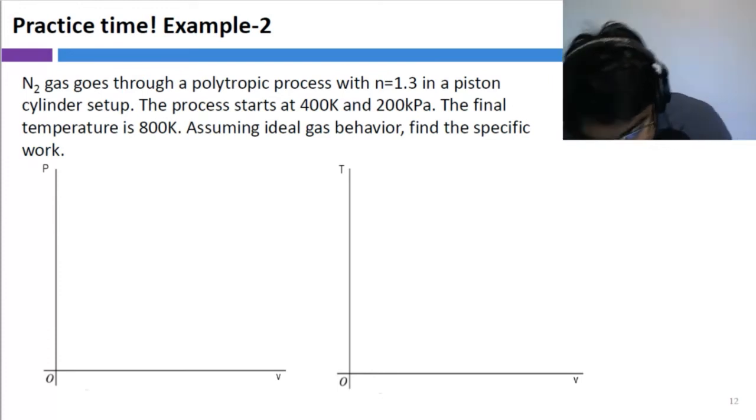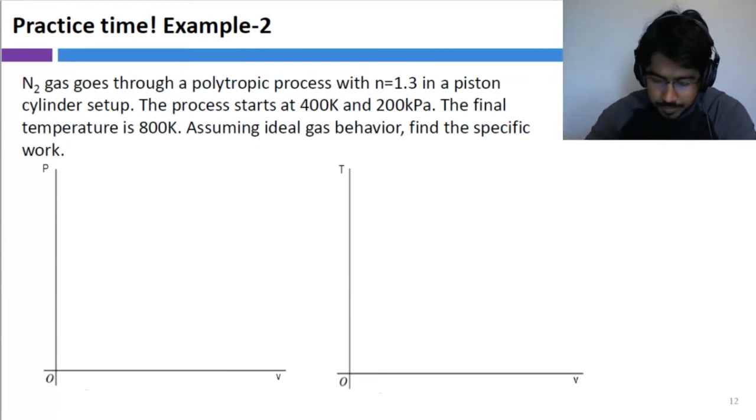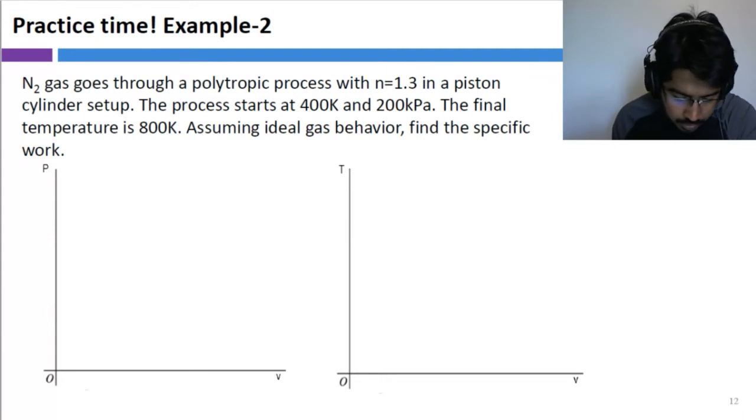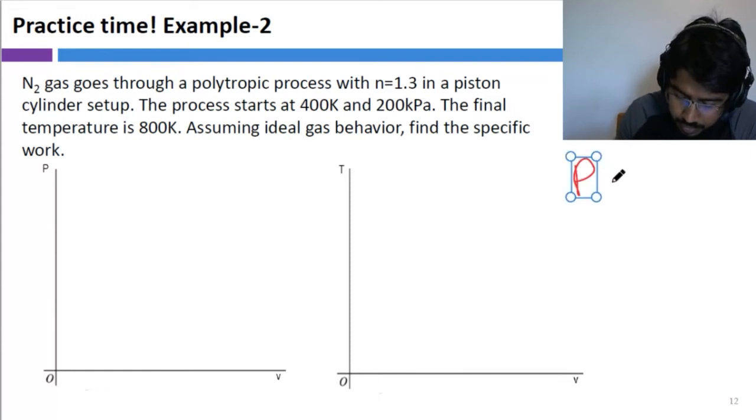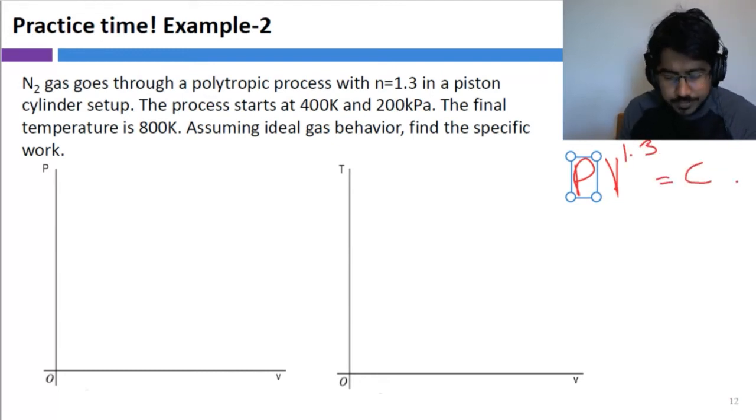Okay, now let's try to interpret this problem. Okay, N2 gas goes through a polytropic process with n equals 1.3 in a piston cylinder setup. You know what a piston cylinder setup is, so I'm not going to draw it. With the polytropic process, n equals 1.3 means PV to the power 1.3 equals constant, right?